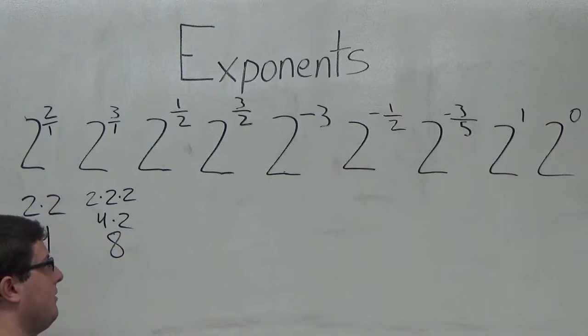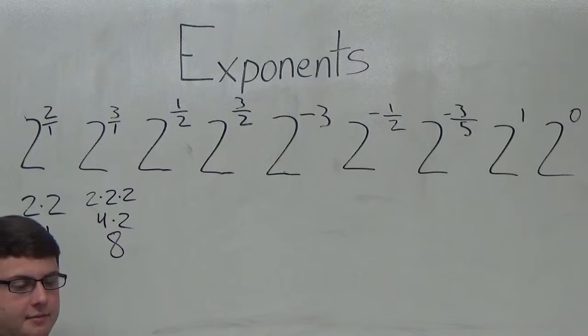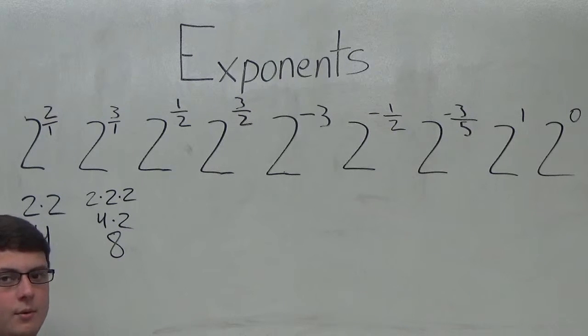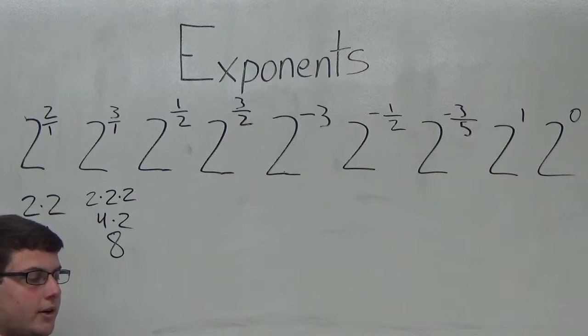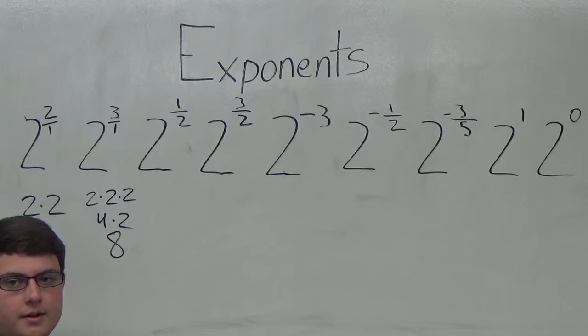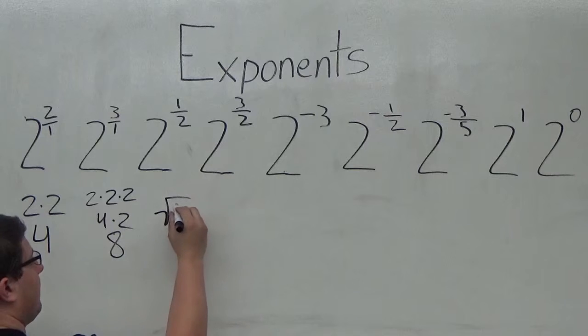I'll just tell you now, it's 2. But we have to the 1/2 power. We have the 2 as the denominator in the exponent. And what that's saying is we're going to work the opposite way of exponents. Instead of multiplying, or squaring 2, we're going to square root 2. So it's actually equal to the square root of 2.